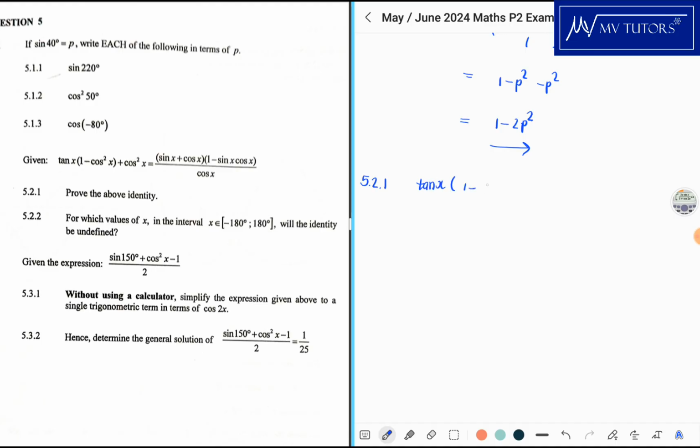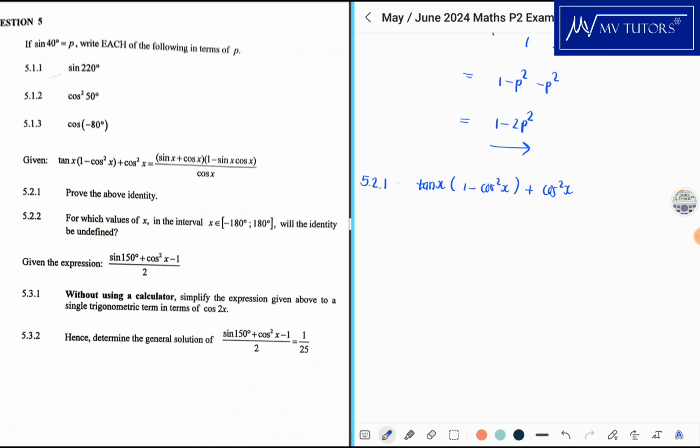I don't want to start with the right hand side because, wow, where do I even begin? And sometimes if you see that both sides are not giving, then you can try to simplify the right hand side and then simplify the left hand side and then continue making the left hand side equal to the right hand side. But let's try first before we simplify the right hand side.